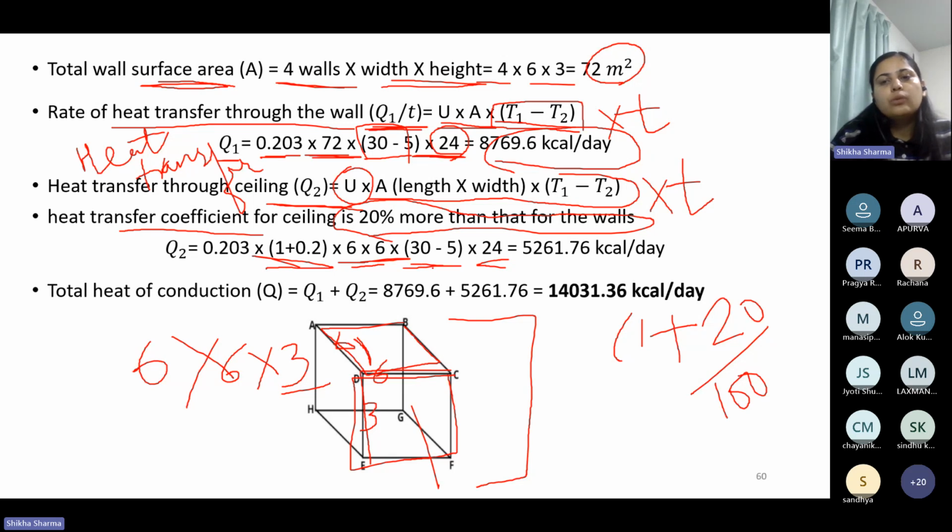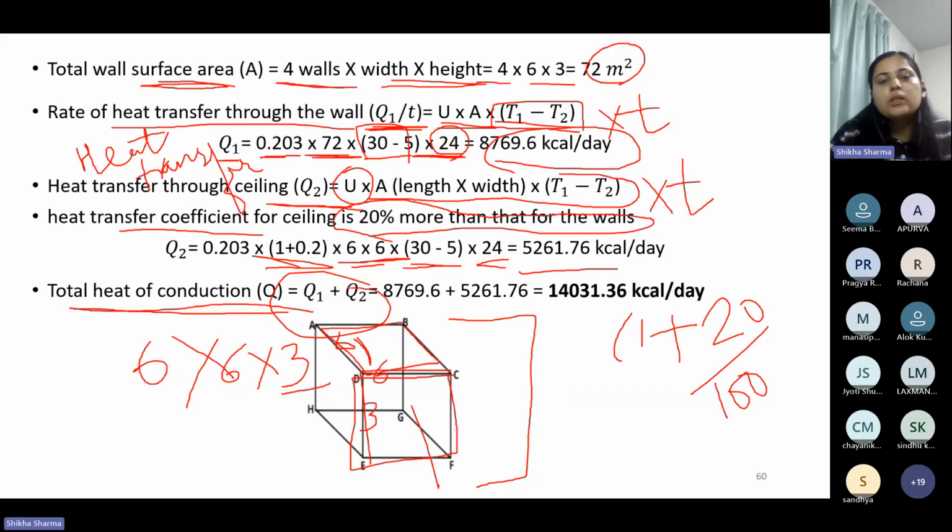So 0.203 into 1.2 into 36 into 25 into 24 will be 5261.76 kilocalories per day.